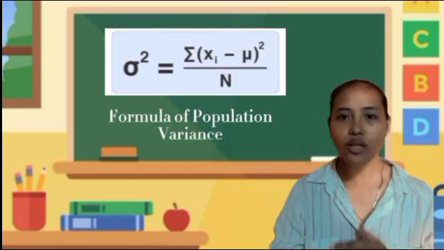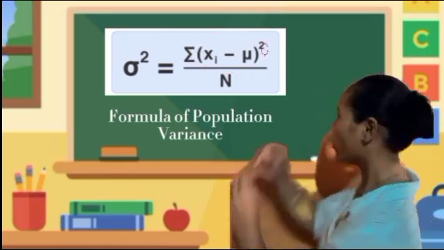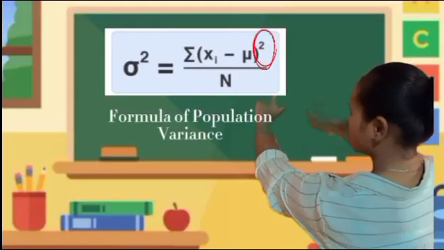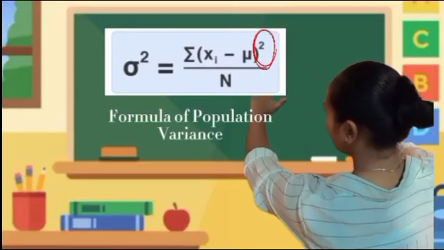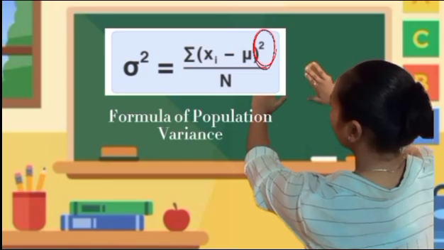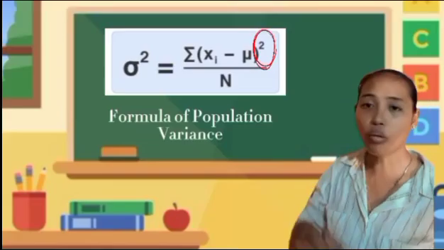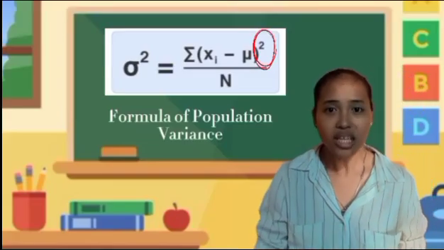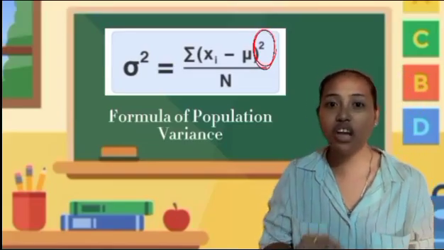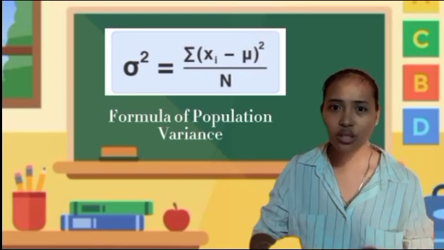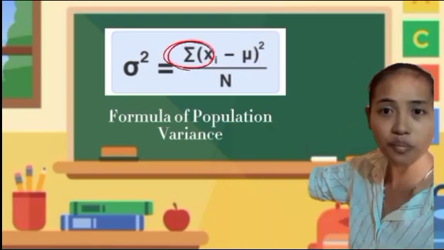So, why do we need to square this? We square this to make the deviations positive, so they don't cancel each other out. Next, what does this symbol mean?